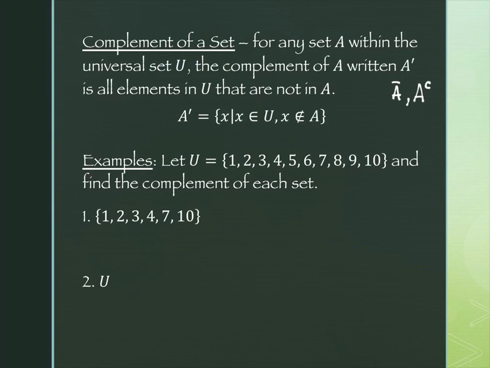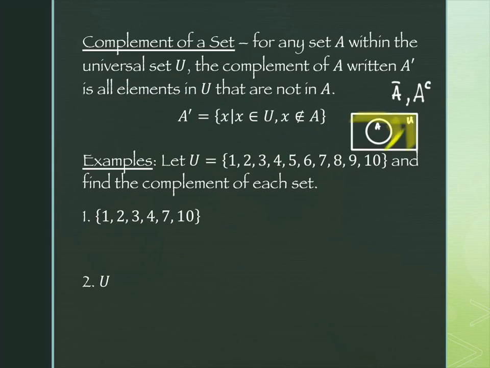Now the notation for this looks a little bit like things we were just doing, right? The description here says A complement is the set of X such that X is in the universal set, so it has to be in the box, but X is not in the circle A. So in terms of a picture, if we have set A and the universal set U here, then the complement is the part around.